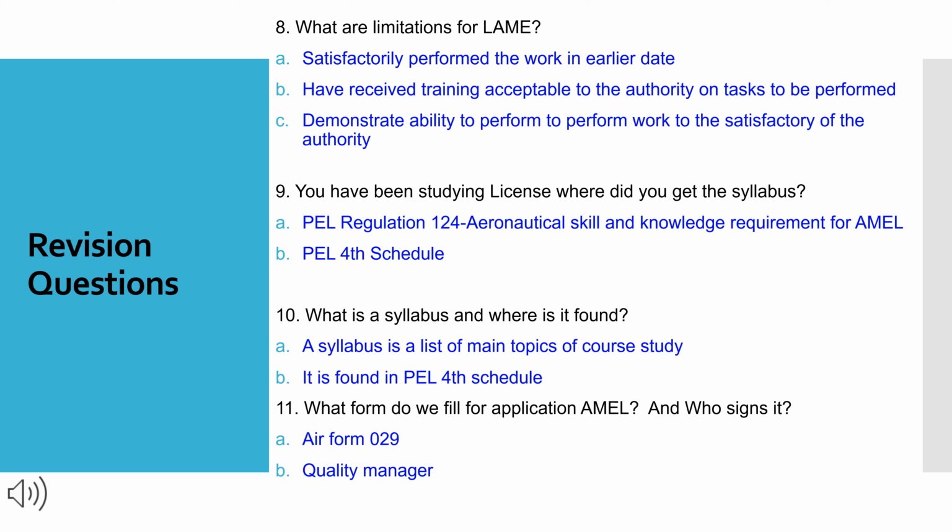Question number 11. What form do you fill for application of aircraft maintenance engineer license, and who signs it? To apply for aircraft maintenance engineer license, you can fill Form Air, Form 029, or the TCAA-PEL 004A, and for Air Form 02A9, it should be signed by a quality manager.